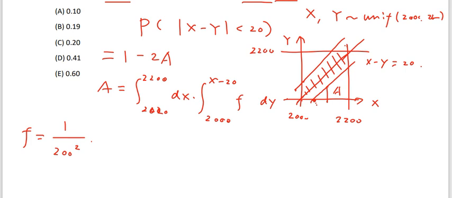So we just need to find this A. So A equals the integral from 2,020 to 2,200 dx of x minus 20 minus 2,000, dx, divided by the constant.